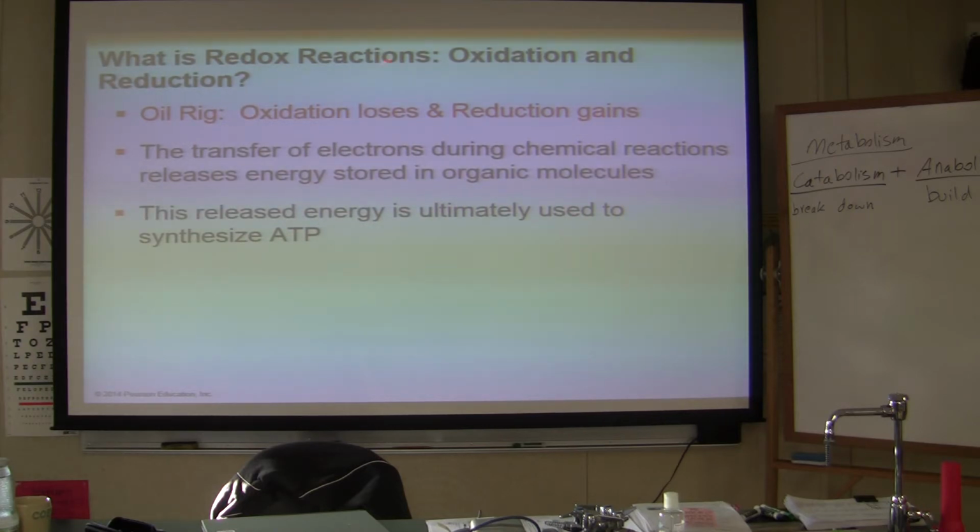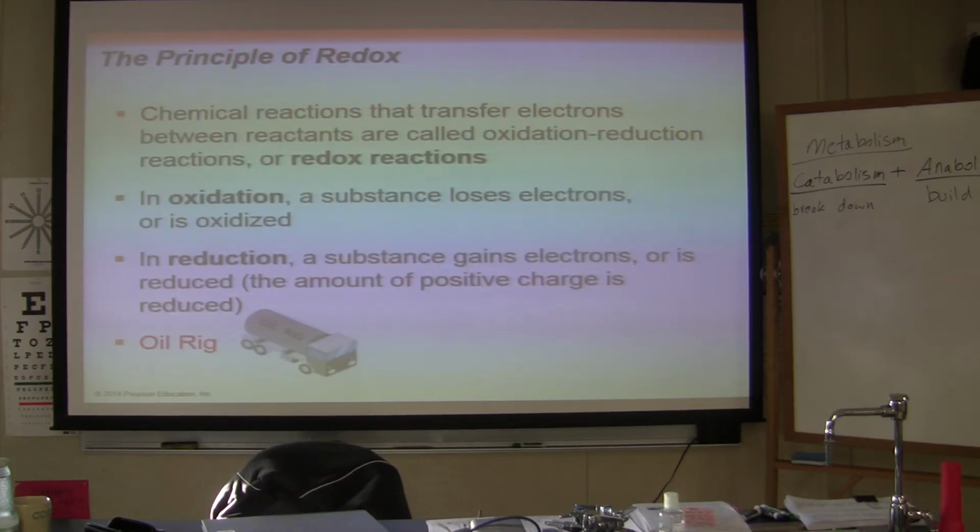Anyhow. What is a redox reaction, oxidation and reduction? OIL RIG: oxidation is loss and reduction is gain of electrons. The transfer of electrons during chemical reactions releases energy stored in organic molecules. This released energy is ultimately used to synthesize ATP.